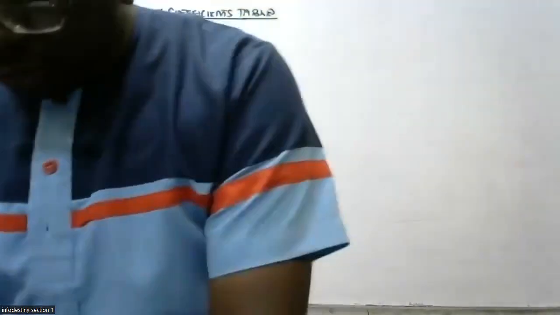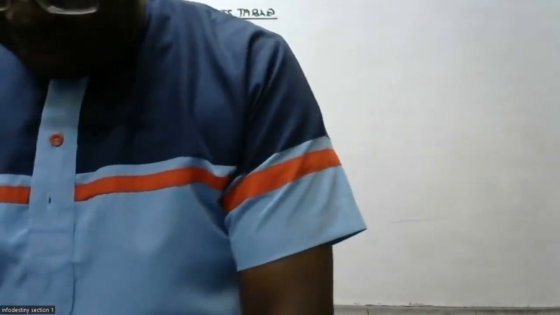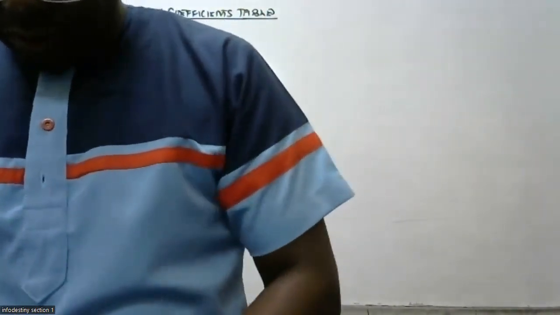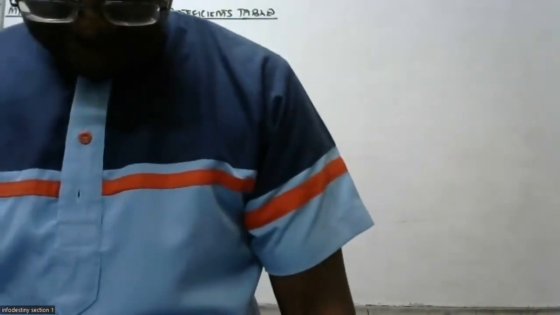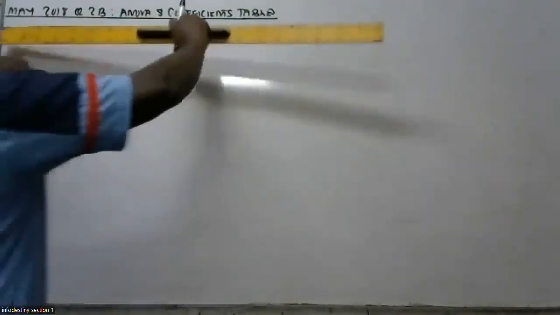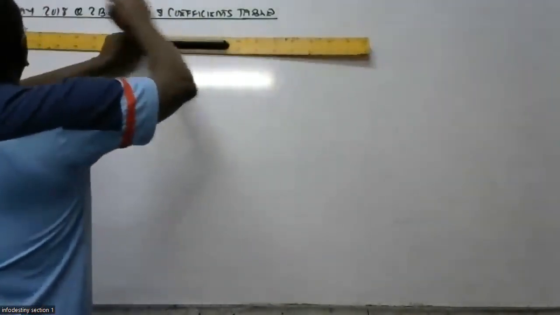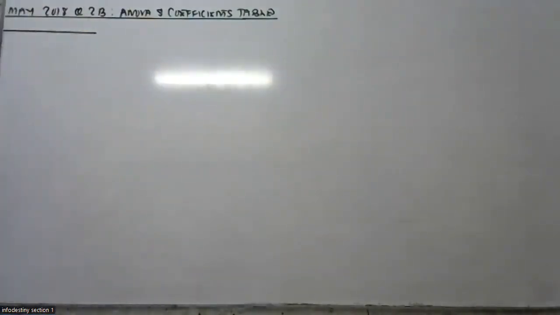So we are told to evaluate the one. We are told to come up with the regression equation. And before we come up with the regression equation, it is good to identify who the variables are.